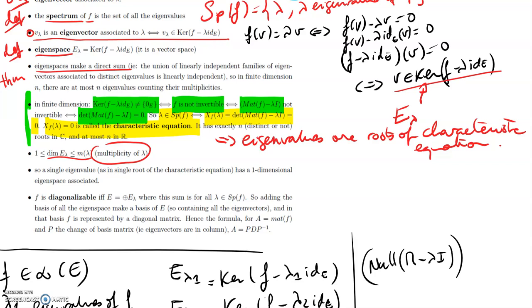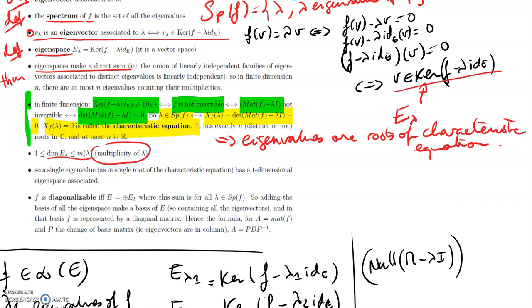You can complete this basis with the basis of E, and then you know that the determinant of the matrices doesn't depend on the basis where you're at.